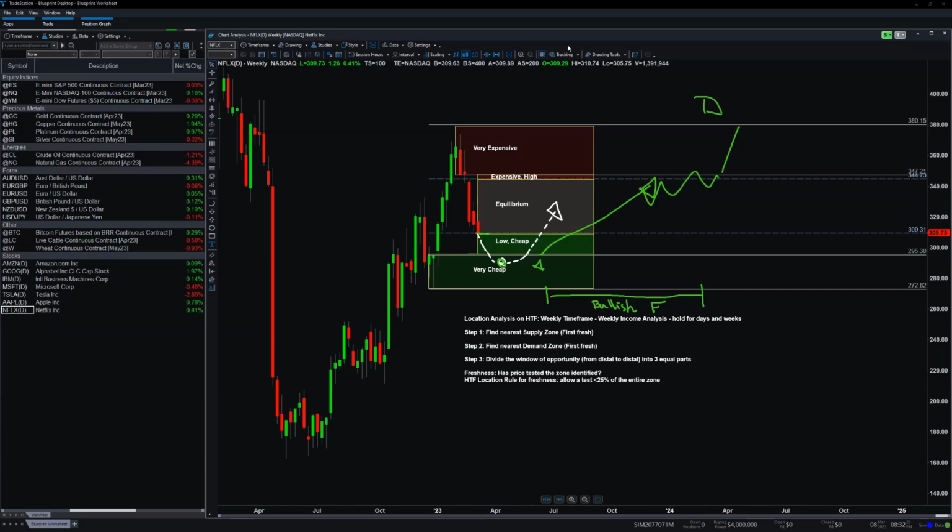We should be as objective as possible, but within that realm of objective technicals, there can be aggressive technicals, there can be conservative, right? There can be weekly income, there can be daily income. And there can be different styles depending on what type of trader you are.